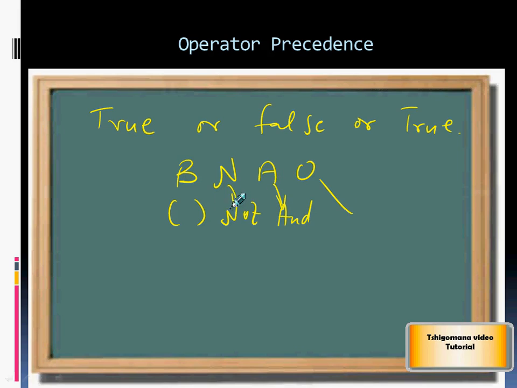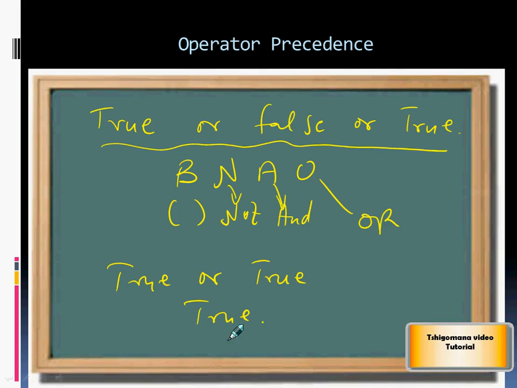So in this case we ask ourselves, for this statement: do we have brackets? No. Do we have not? No. Do we have and? No. Do we have or? Yes. Therefore we can say true or false, the answer is true, and then true or true, the answer is true.